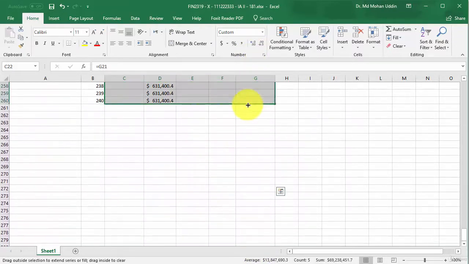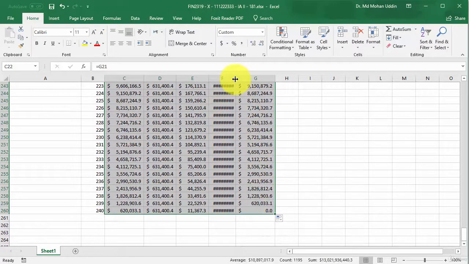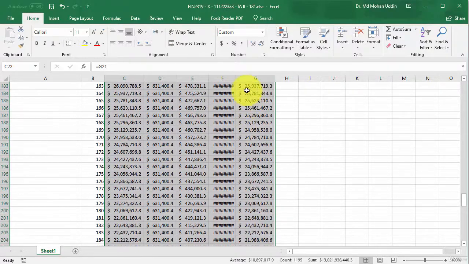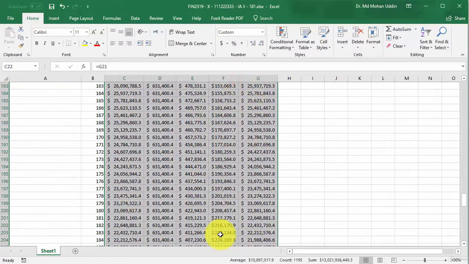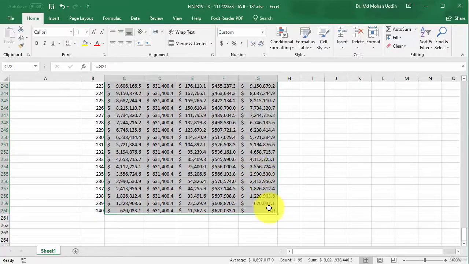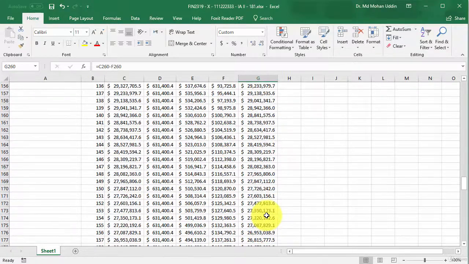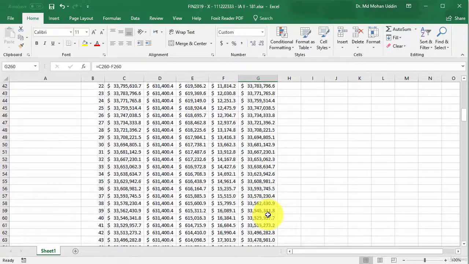These hash signs are because the column width is not enough to fit the value, so we just double click the column border, then it will be okay. And you can see that the ending balance of the last month is 0. So that indicates that our loan amortization schedule is okay.